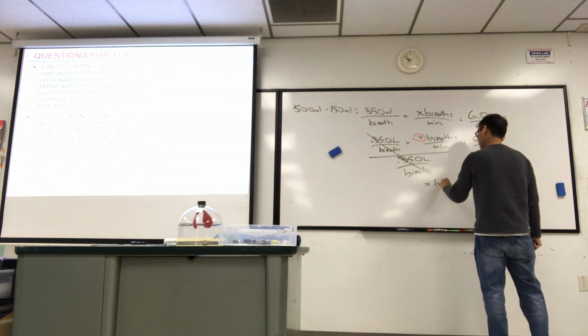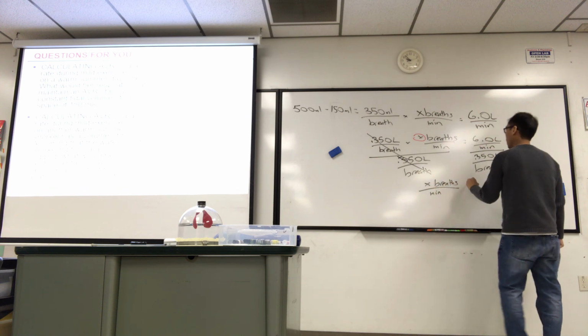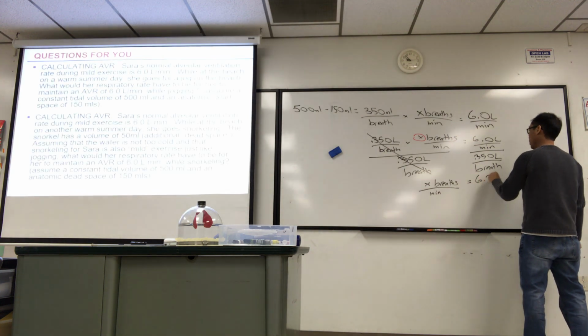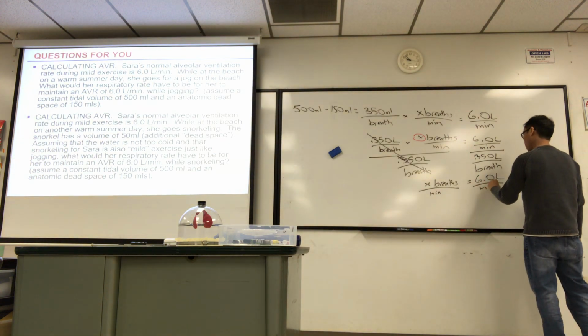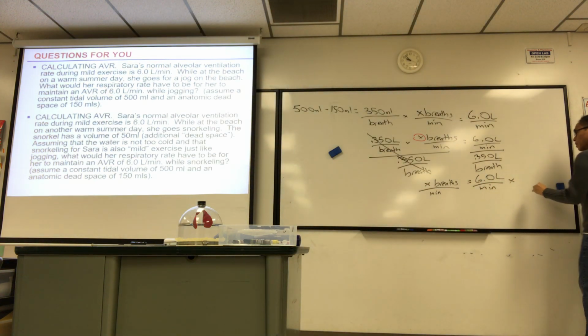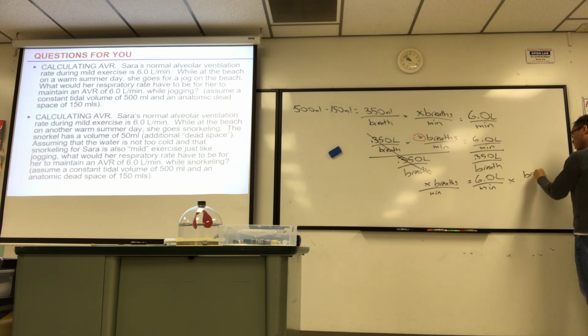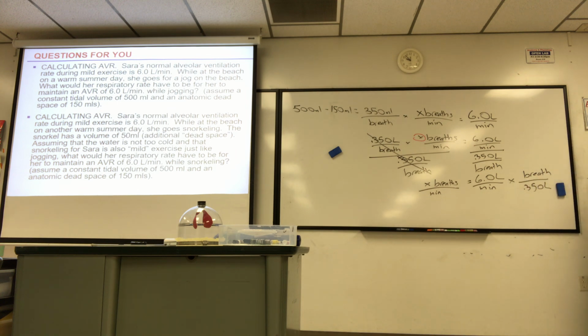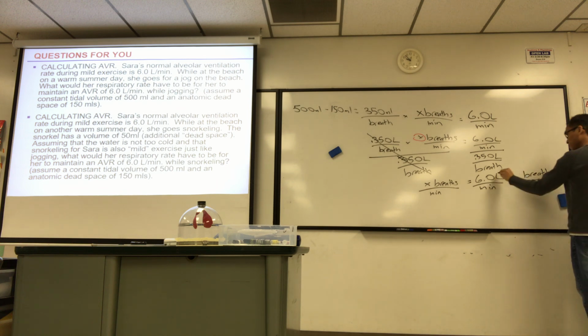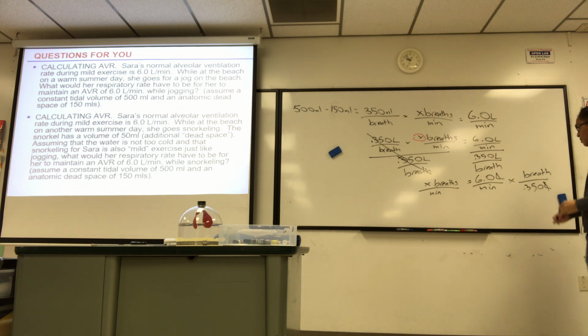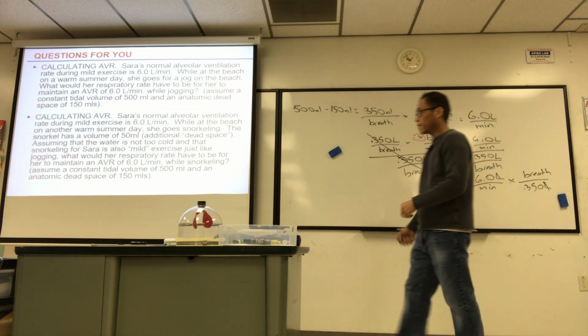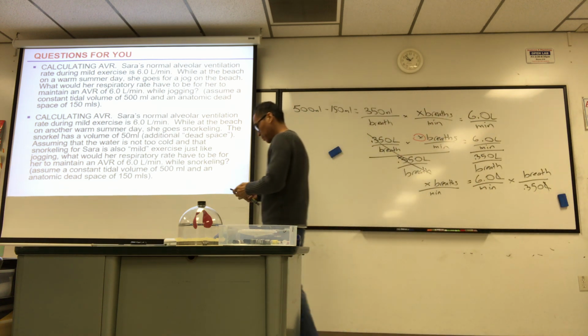X number of breaths per minute equals 6.0 liters per minute times, I'm just going to flip that. Yeah, that's right. Those liters cancel out. Okay, so 6 divided by 0.35, should be like 18 or something.